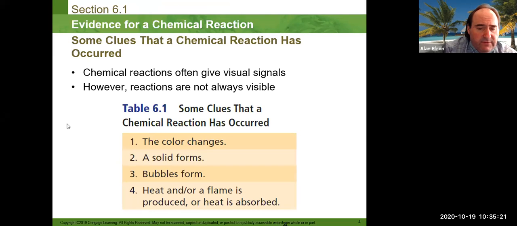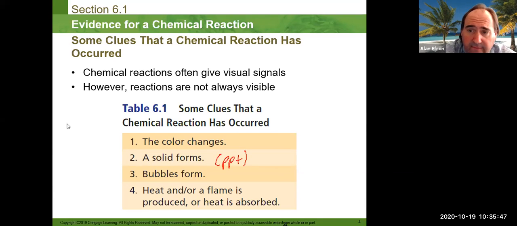Here are some visual clues that a reaction is taking place. Some type of color change a lot of times will accompany a chemical reaction. As I mentioned before, a solid being formed. Sometimes a solid is referred to as a precipitate and sometimes abbreviated as PPT, which stands for a precipitate that has occurred.